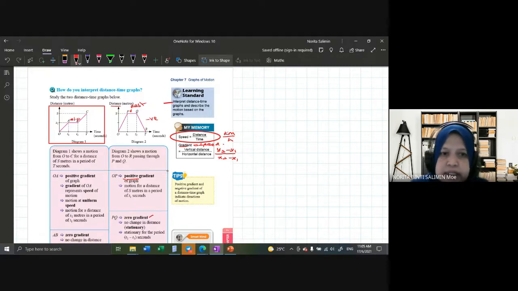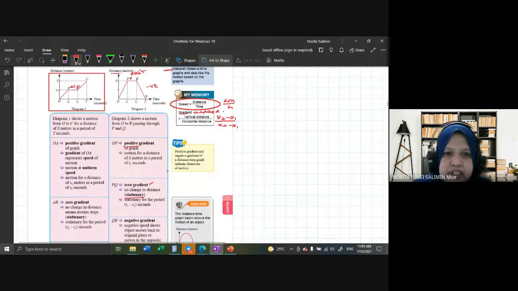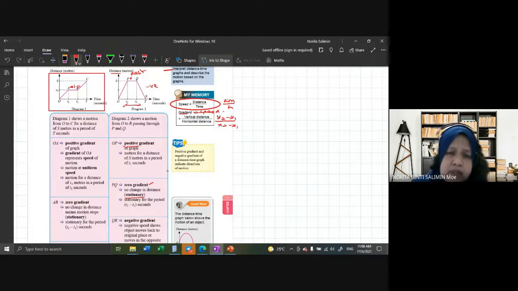No change in distance. That we call stationary. When gradient is zero, stationary period is T2 minus T1. Period means how long the car or something takes a rest.